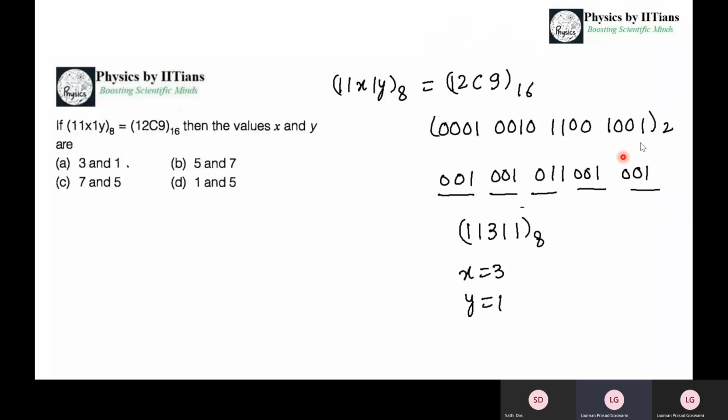Then we can take the decimal equivalent of each group. So 001 represents 1, 001 represents 1, 011 represents 3, then 1, then 1. So this is the octal equivalent of 12C9. From the expression, we can see that in place of x we have 3, in place of y we have 1. So x will be 3, y will be 1. So the answer is A.